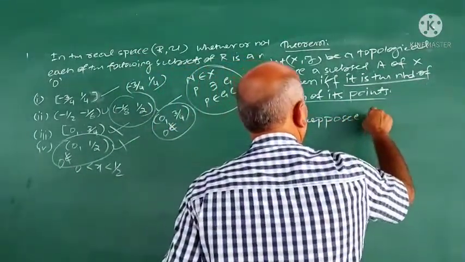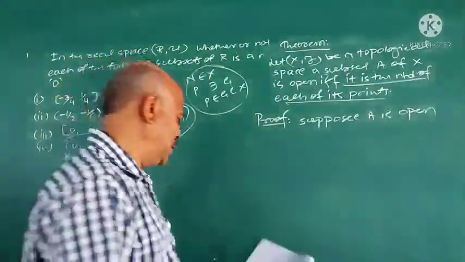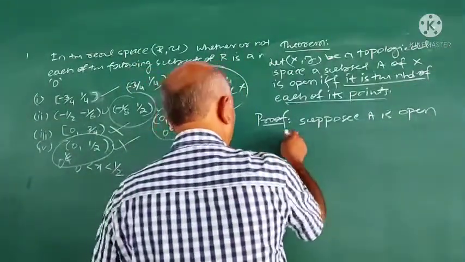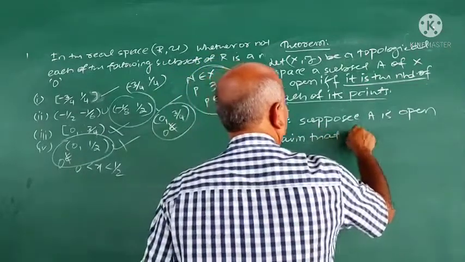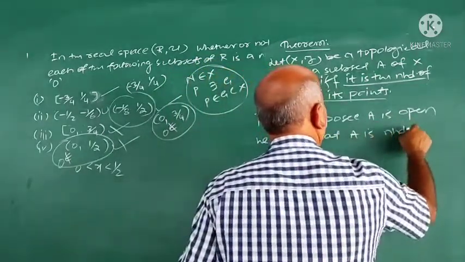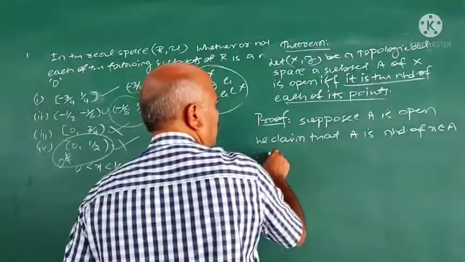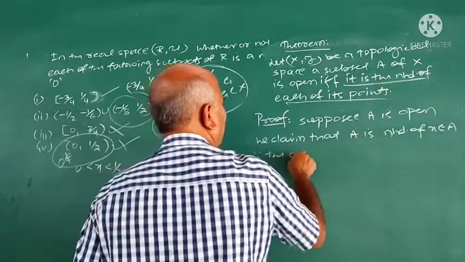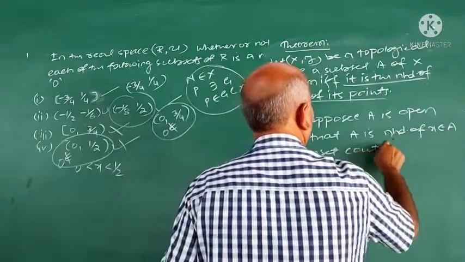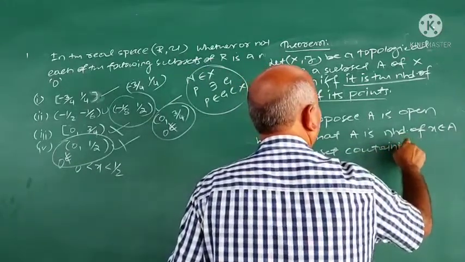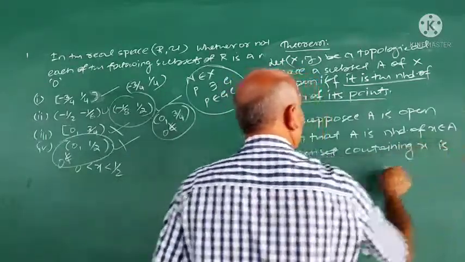Suppose capital A is open. What you have to prove? A is a neighborhood of each of its points. And we claim that A is a neighborhood of X belongs to A, because the open set containing X is A itself.